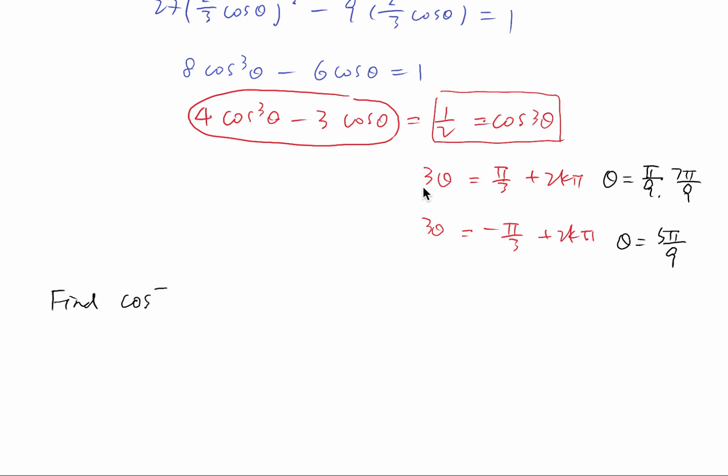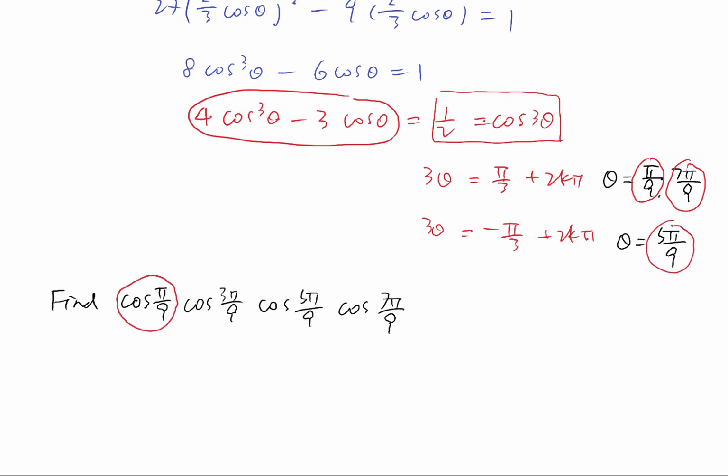If you look at it, pi over 9, 5 pi over 9, and 7 pi over 9, we already have them. The only thing we don't really have is cos 3 pi over 9, but if you simplify it, that's just cos pi over 3.